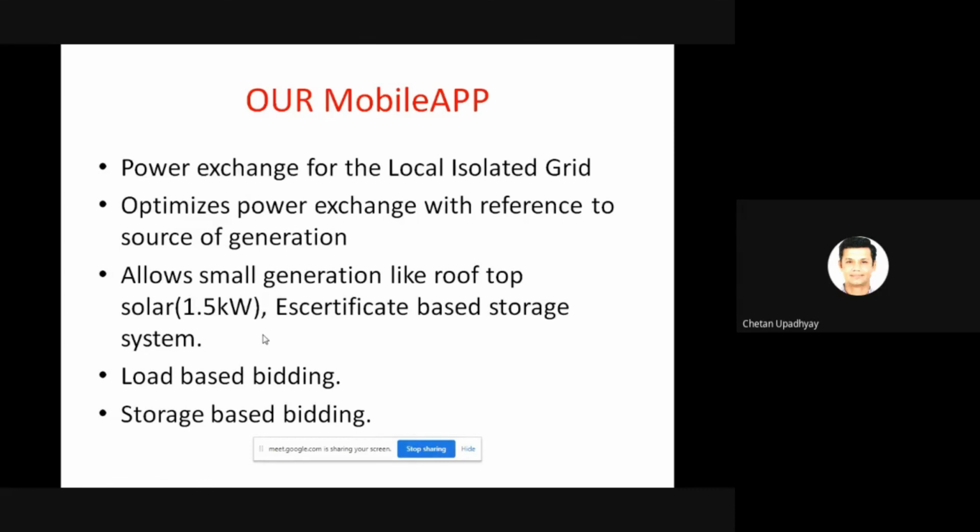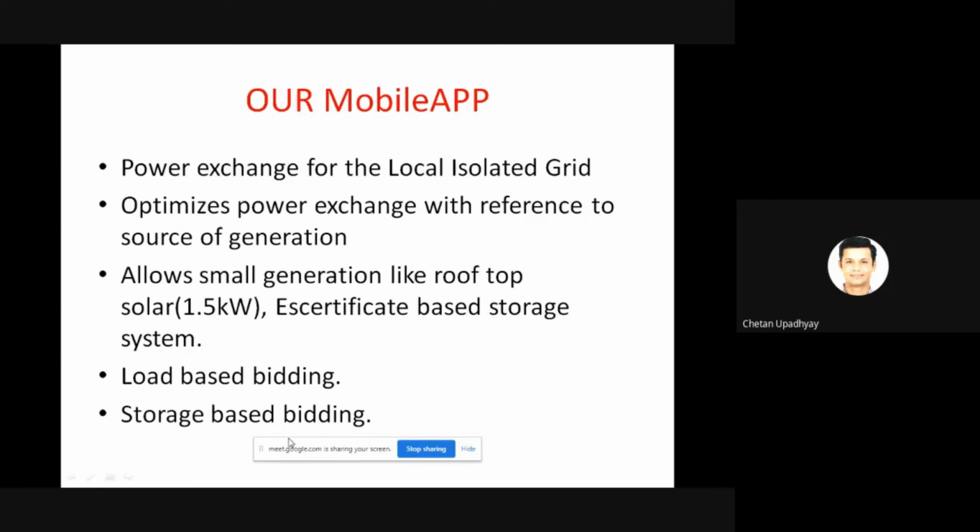Load-based bidding is there, so separately you can have your own load bidding. As we saw in the video of the smart grid of Denmark, a single house with a maximum demand of 5 kilowatt will be able to participate in this kind of energy transaction. Storage-based bidding is also there.